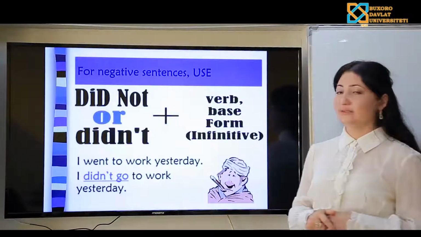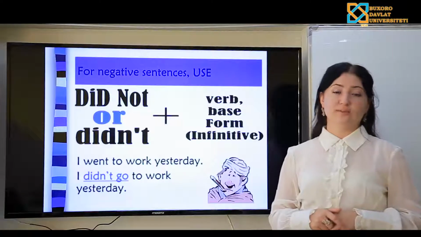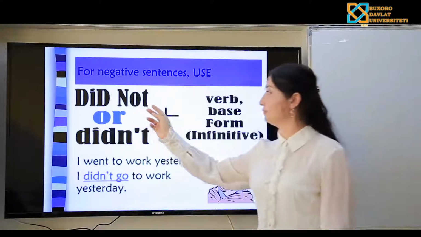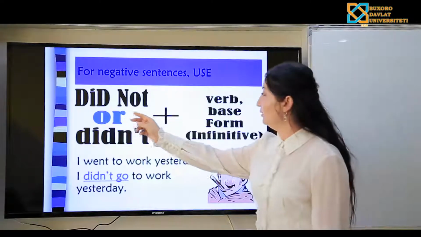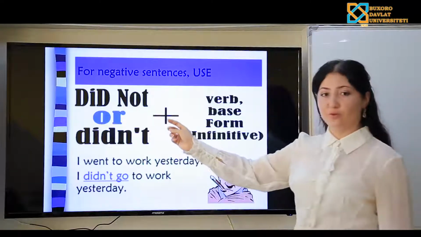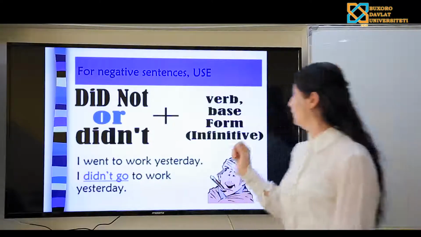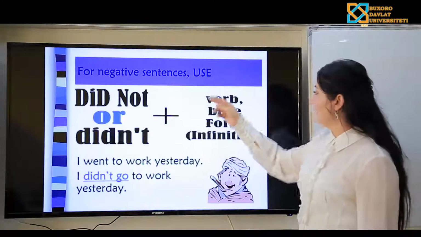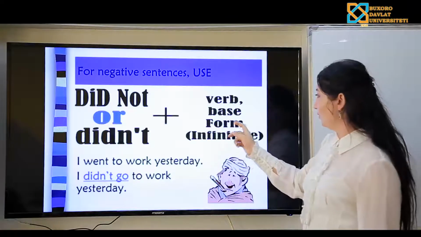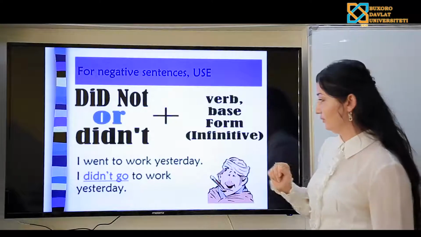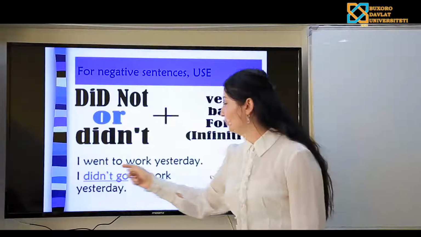For negative sentences, we use the auxiliary verb did and the particle not. For example, did not, the abbreviated form of did not is didn't. Then comes the verb base form, we can also say base form or infinitive. I went to work yesterday.